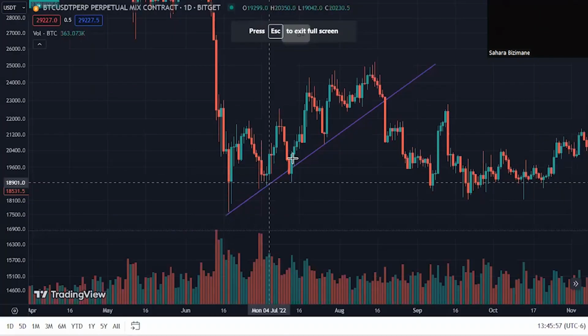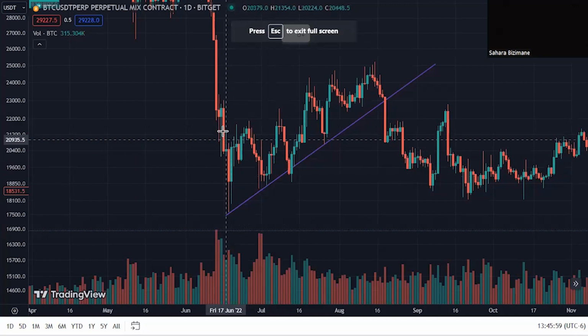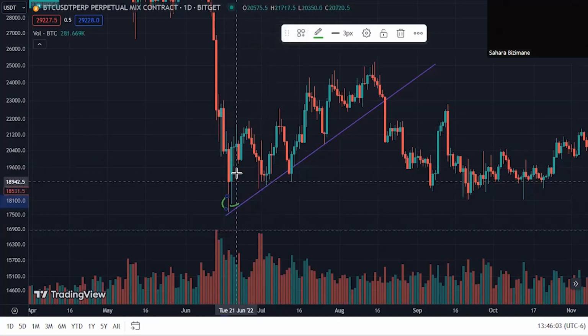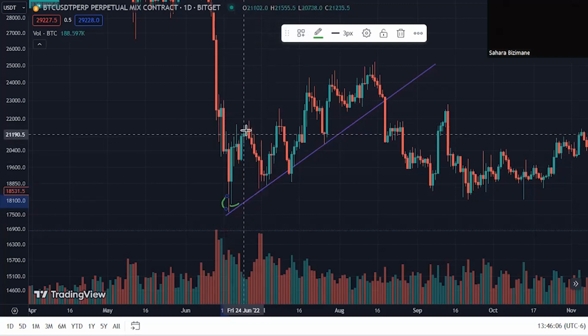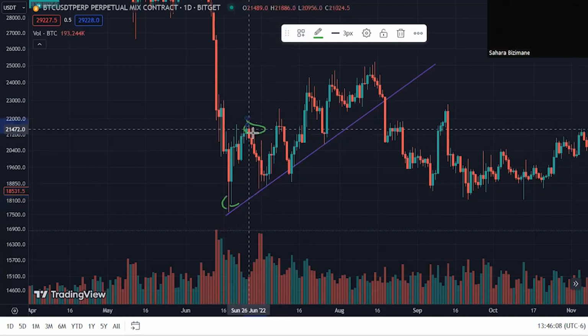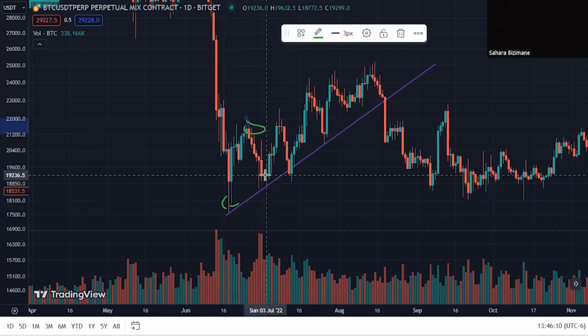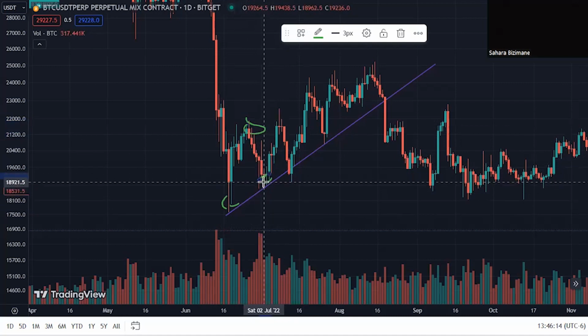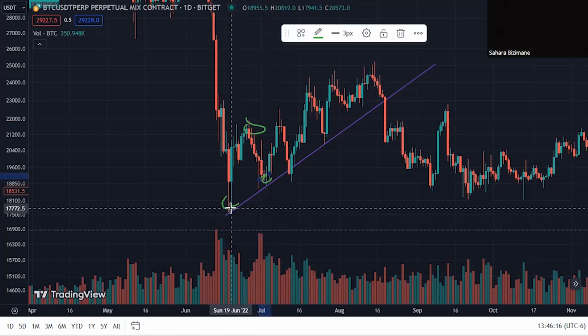You can see here, once the price got to this low, it went up. After going up, it formed this high, and then it dropped and formed this low. As you can see, this low is higher than the previous low.